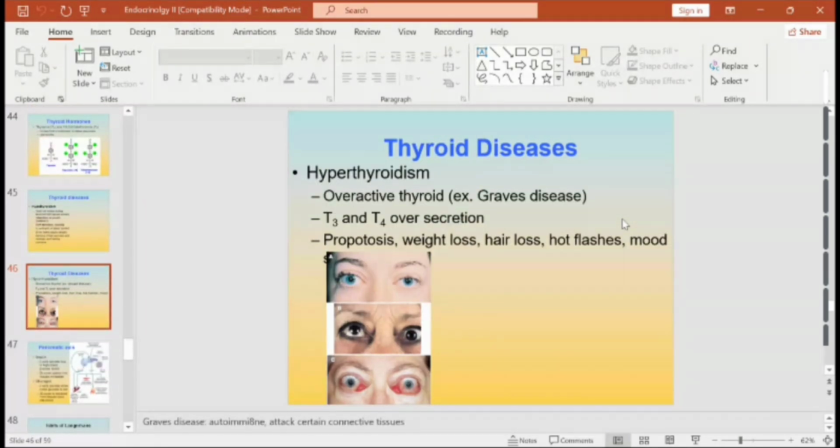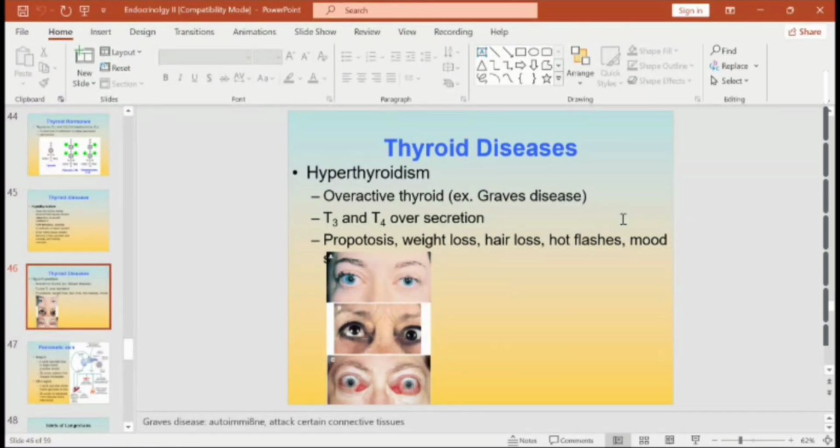If the level goes too high, on the other side, we call that hyperthyroidism, and it's because of an overactive gland. For example, a condition called Graves disease, which your immunology class will take you through in detail. But simply, we have immunoglobulins that mimic thyroid stimulating hormone and take the thyroid gland into overdrive, thus continuing to secrete a lot of T3 and T4.